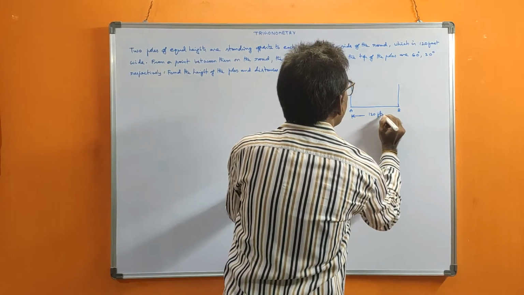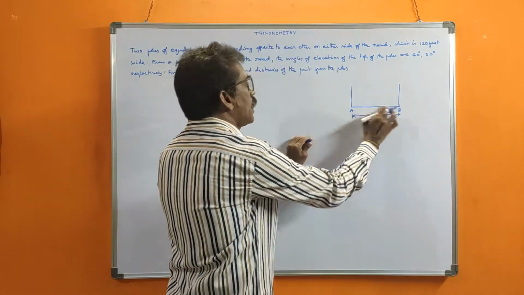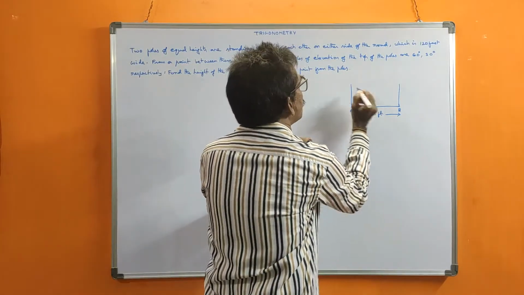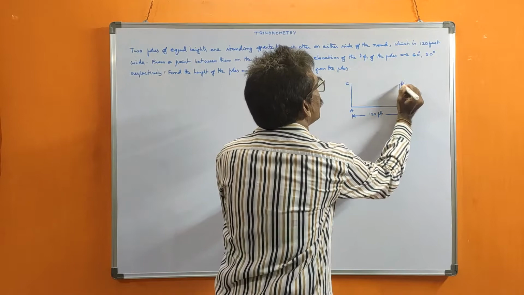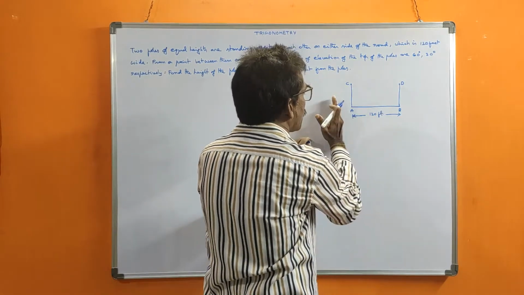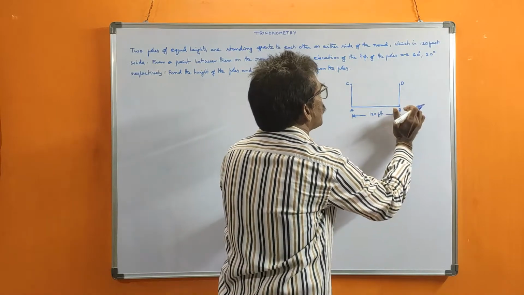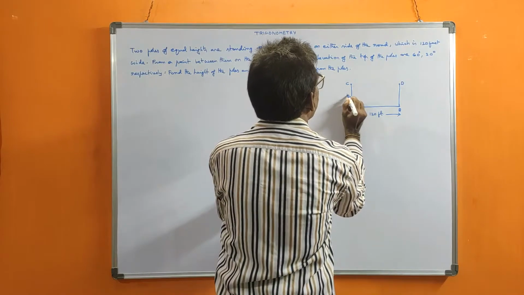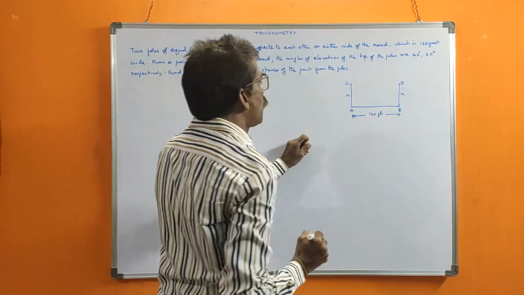This is the width of the road. Now CD. That means AC is one pole on one side of the road, and exactly opposite to that, BD is another pole of the same height he gave. So this is H, and this is also H.